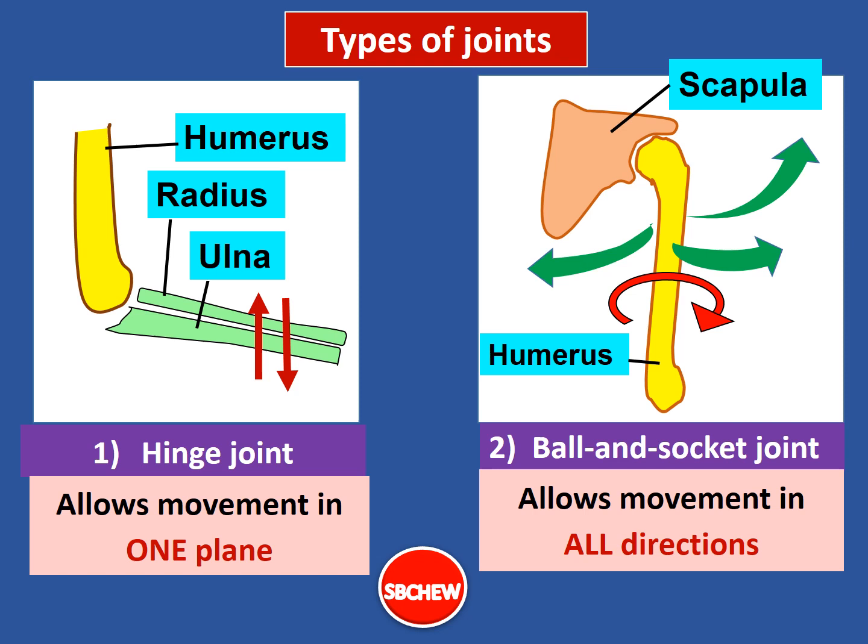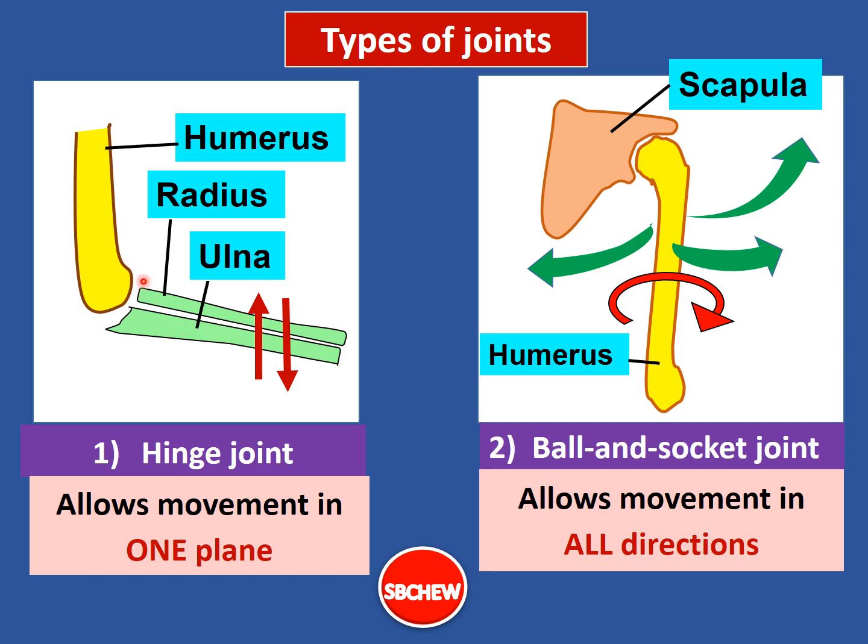Let's discuss the difference between the hinge joint and the ball and socket joint. The hinge joint allows movement in only one plane, but the ball and socket joint allows movement in all directions or all planes. Take for example the elbow joint for hinge joint. So the elbow joint is between the humerus and the radius and ulna here.